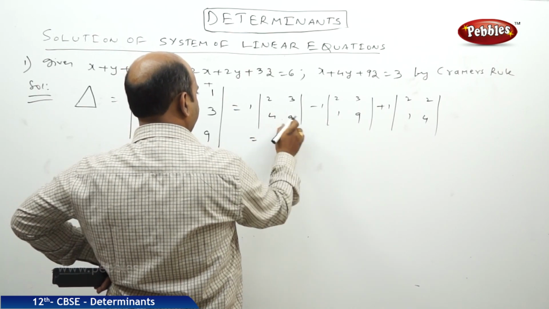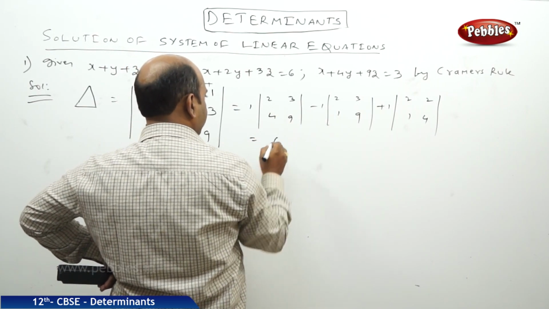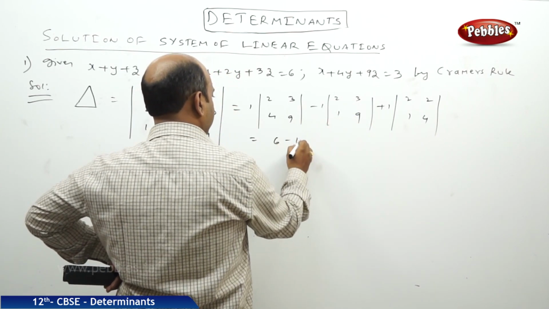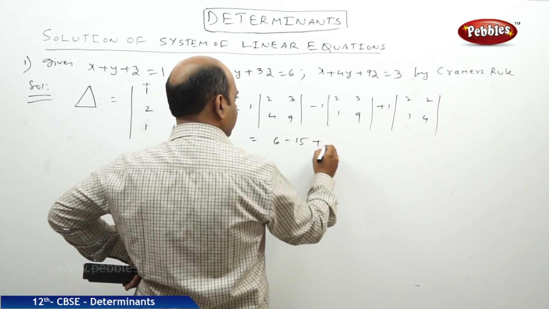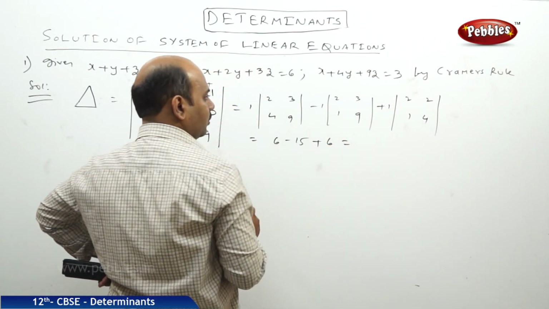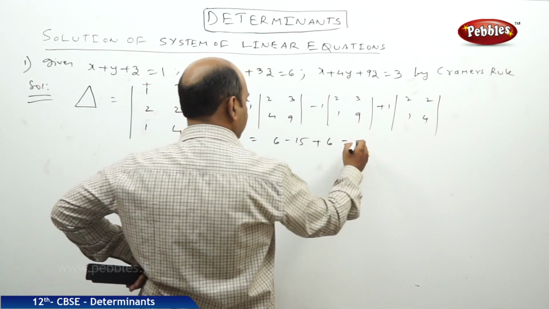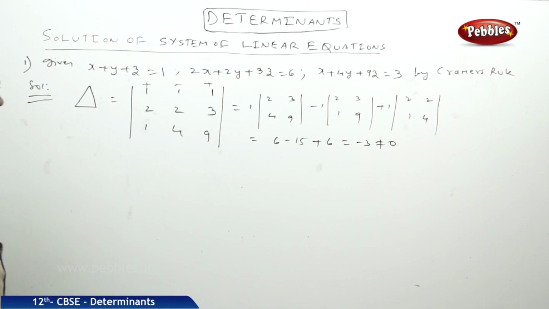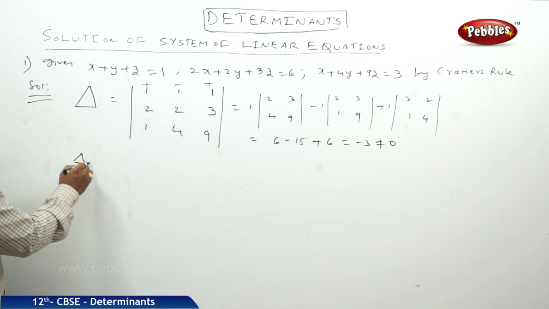So 18 minus 12 is 6, 18 minus 3 is 15, and 8 minus 2 is 6. So 6 plus 6 is 12, 12 minus 15 is minus 3, which is not equal to 0.